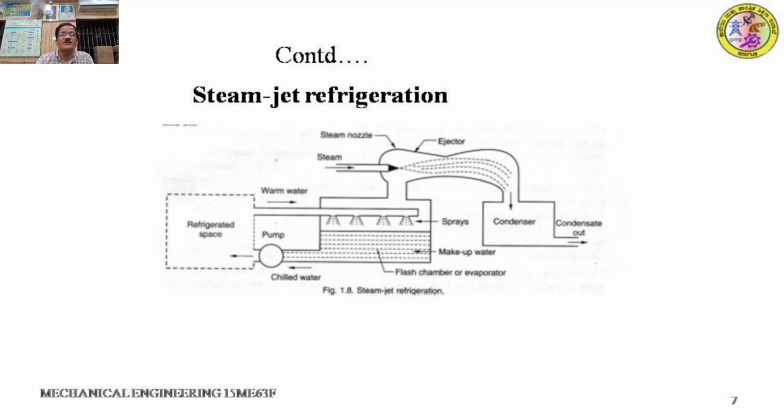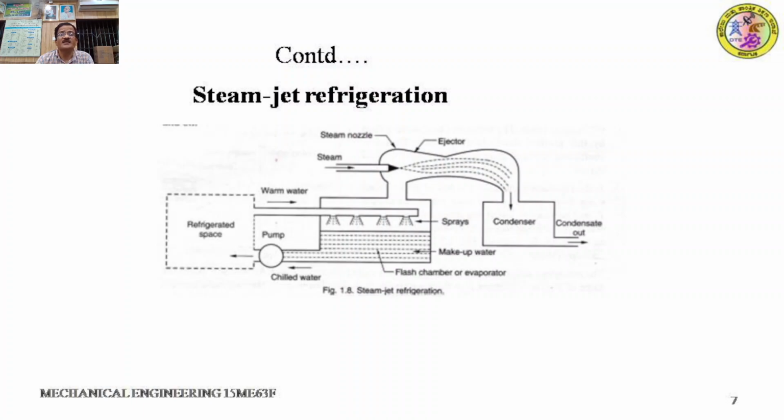Because of vacuum, what happens? The water particles present in the evaporator chamber, they try to evaporate. So in order to evaporate, they have to acquire the latent heat of evaporation. So what they do, they suck the heat from surrounding water particles, and the water particles at the surface level will acquire latent heat and they evaporate.